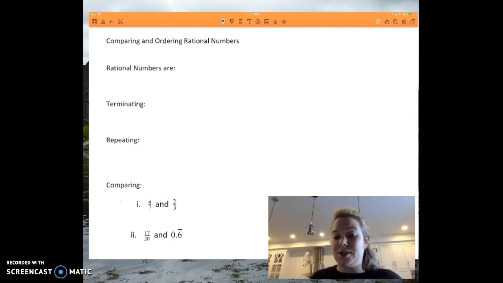basically a fraction. So a rational number is a ratio of two whole numbers, like A over B, where A and B are whole numbers, so no decimals, nothing, where B does not equal 0, and that fraction line actually indicates division.